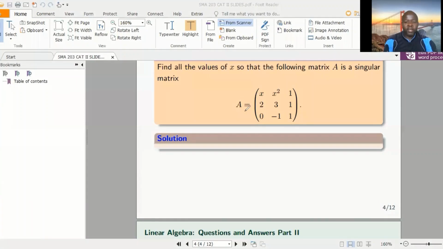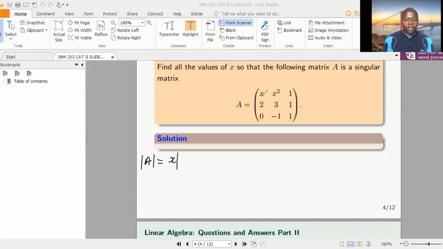Now we can find the determinant of the matrix along any column when you use expansion. Since this column has 0, it's easier to get the determinant along this column. Otherwise, you can do it along any column or along any row. But I've chosen this because it has a 0. So the determinant of A, I'm doing it along column 1, is x multiplied by the determinant of the matrix that remains when you delete row 1 and column 1.